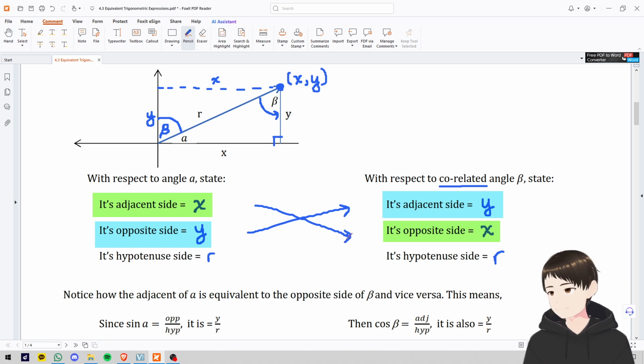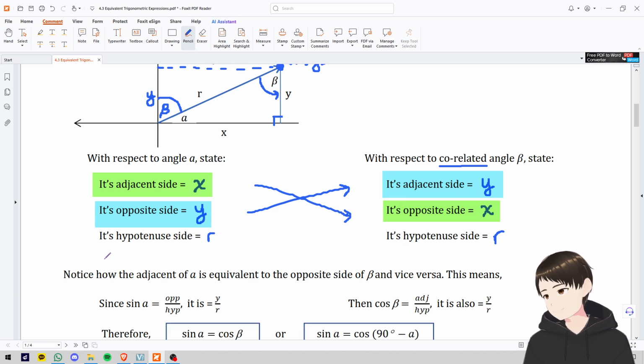In other words, what am I trying to say? Take a look. Sine of angle A is opposite over hypotenuse. Whereas here, if I want the same thing, y over r, take a look what happens.